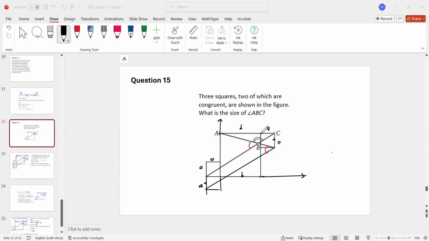Then I saw that this triangle here has got sides A plus B and A. And you've got this triangle, this is B and this is A. And if you join this, you have the side here is A plus B and A. So this long triangle here is congruent to this because you've got the sides A plus B and A, and 90 degrees.